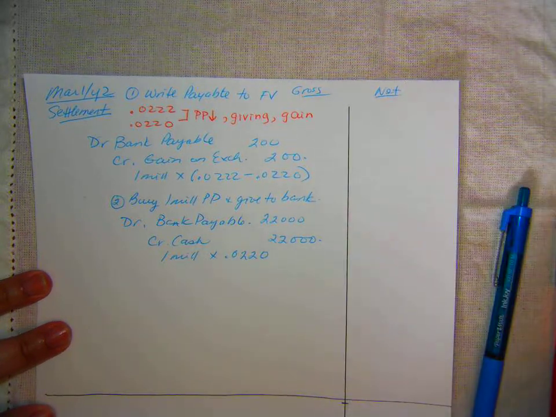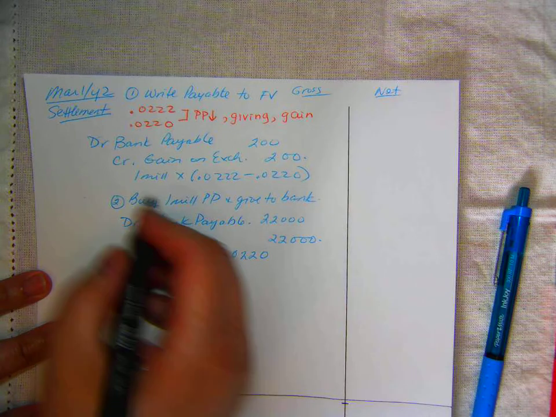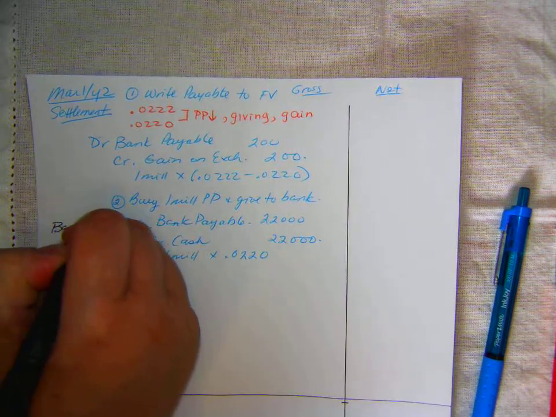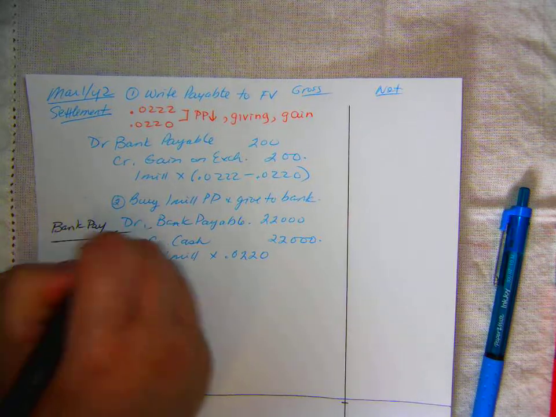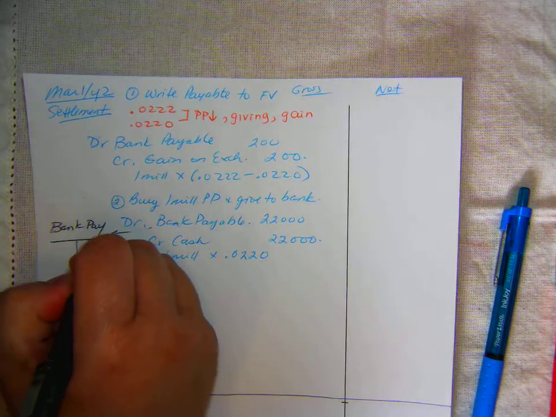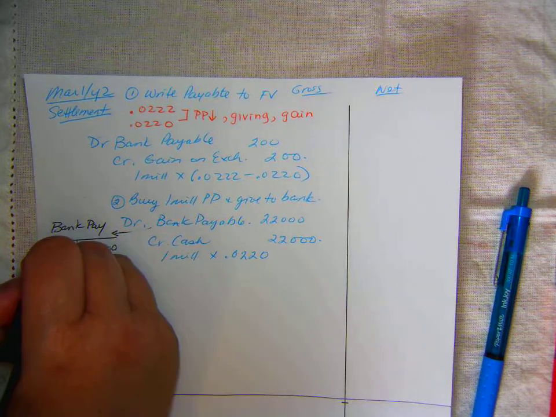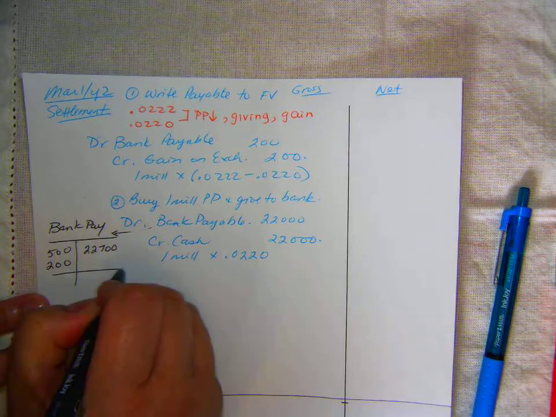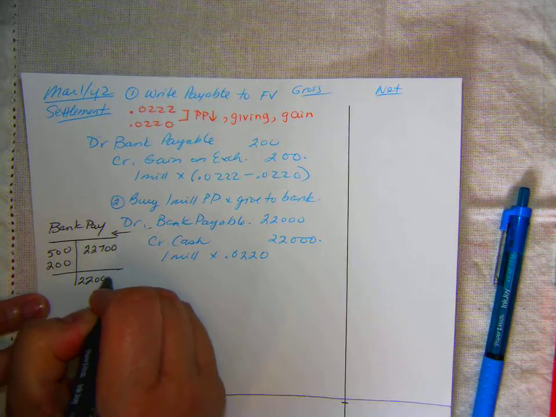And just to double check, our bank payable, if you've done all the entries, should balance that. So you'll see 22,700. We had two gains, which reduce it: 500, 200, and 22,000.